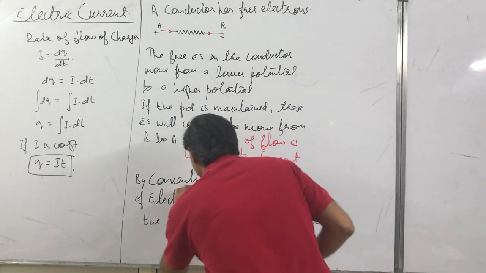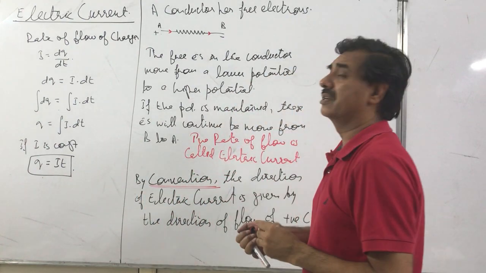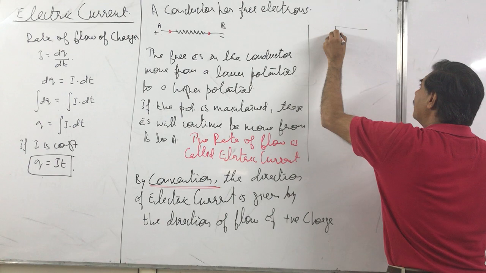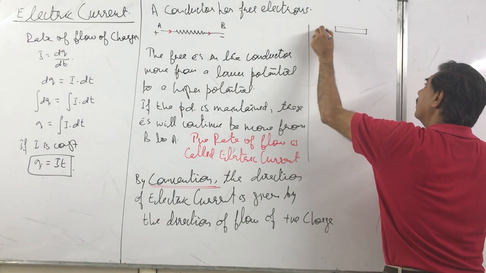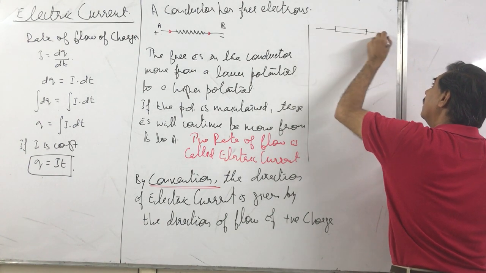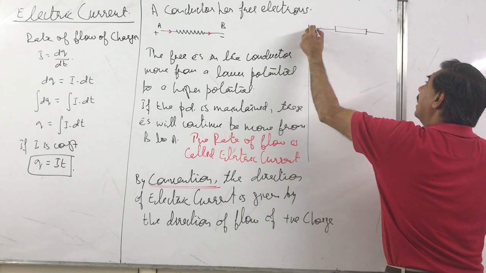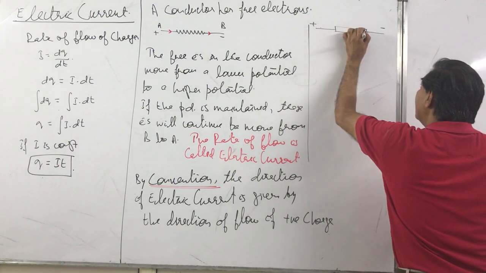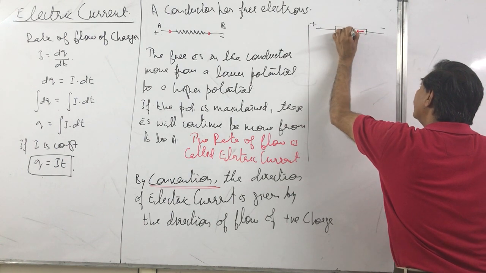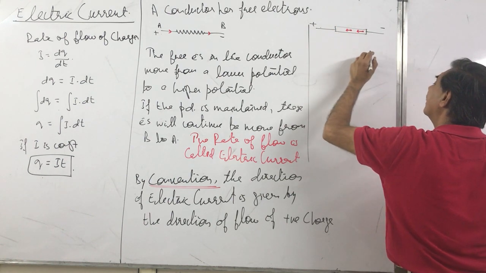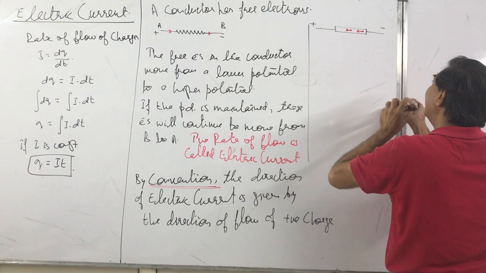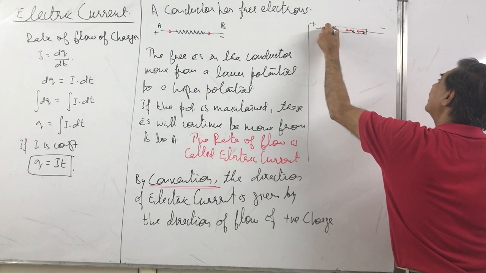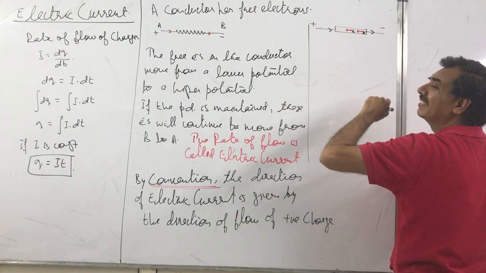What we have is conventional current. This means if we have a conductor, and this is at a higher potential, this is at a lower potential, the electrons in the conductor will move in this direction, right? But the electric current is said to flow in this direction.